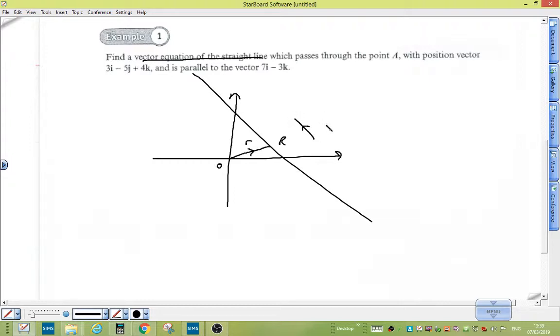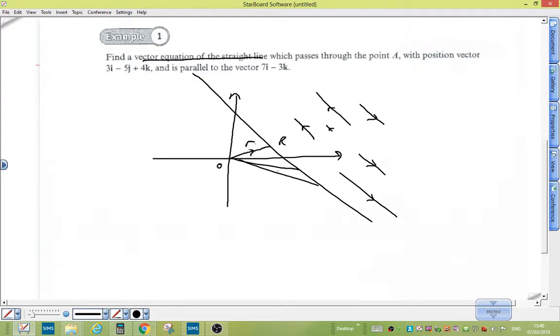I don't care what this vector size is, as long as its direction goes along the line. I don't care which direction it goes in, as long as it is parallel. In other words, it's got the same direction. Does that make sense?